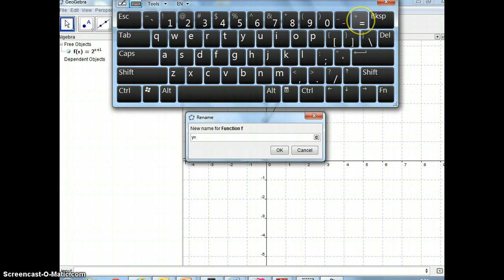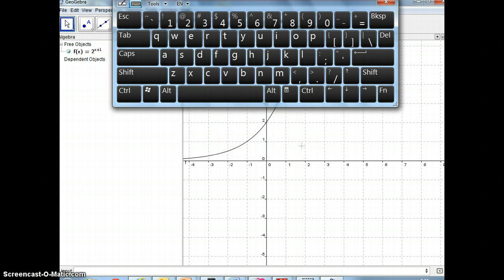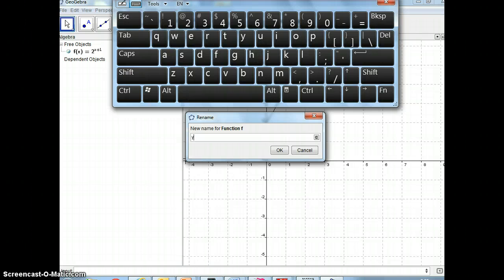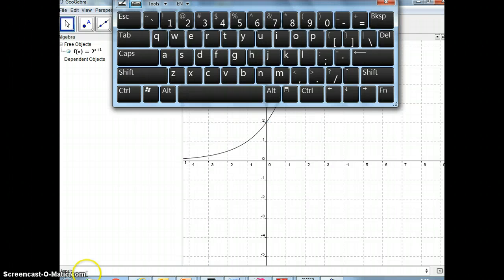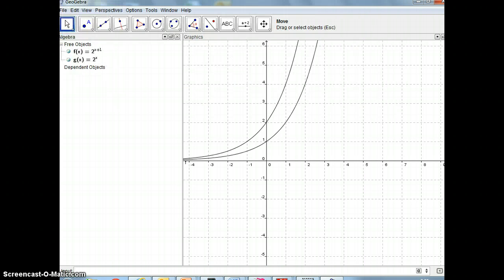y equals 2 to the power x, enter. Okay, can you see y equals 2 to the x there? And it has shifted to the left too, so it does work.